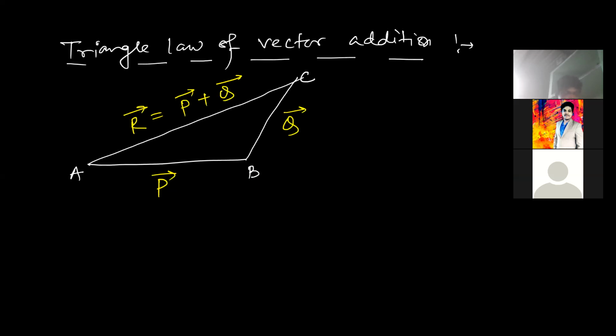One vector P is represented by one side of the triangle, another vector Q by another side, and by the third side we represent the resultant of the two vectors. So the resultant vector is R vector equals P vector plus Q vector. Up to that much, is it clear?